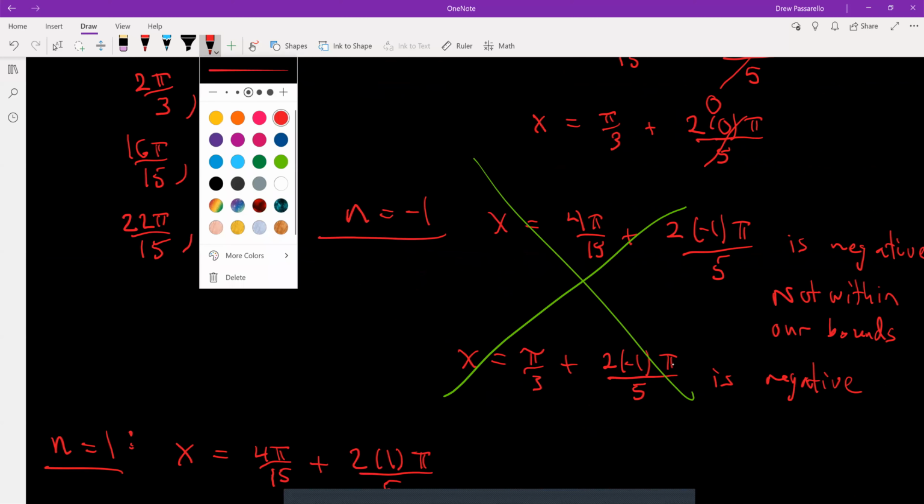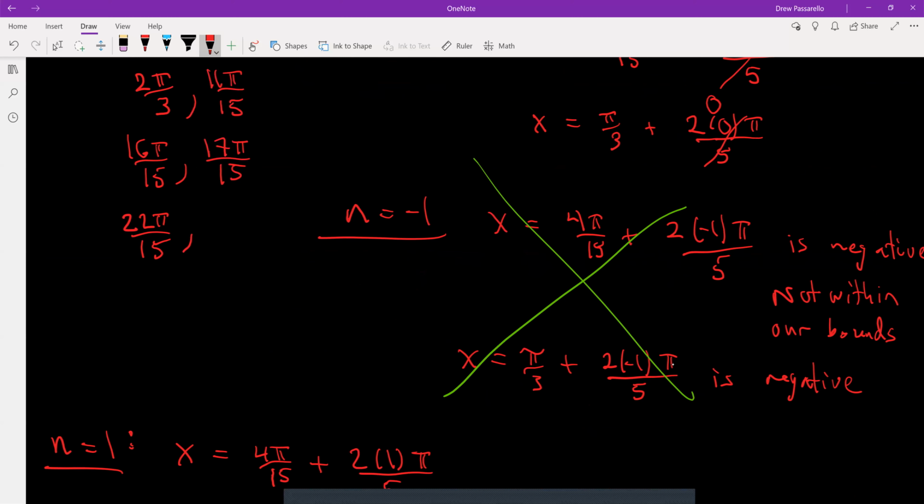Hopefully, by now it makes sense what I'm doing. I've just been doing the same process. I'm just using different values for n that I'm plugging into the general solution so I can get all of the specific solutions. And I'm going to pause the video now and write down what the other ones are and the corresponding values I used for n.